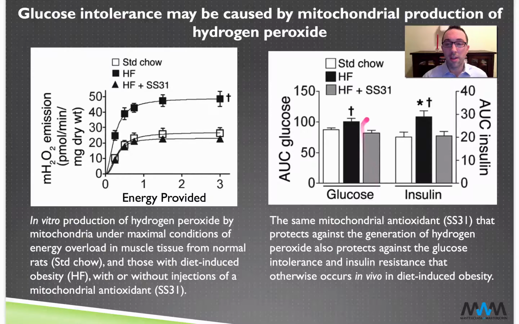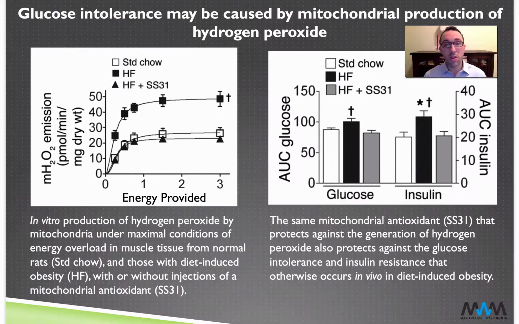And you can see that the glucose response was increased in the animals that only got the obesogenic diet, but if they also got the antioxidant, it normalized it to the level of the controls. The same was true of the insulin response. More glucose and more insulin is considered worse and reflective of the trajectory towards prediabetes and diabetes.